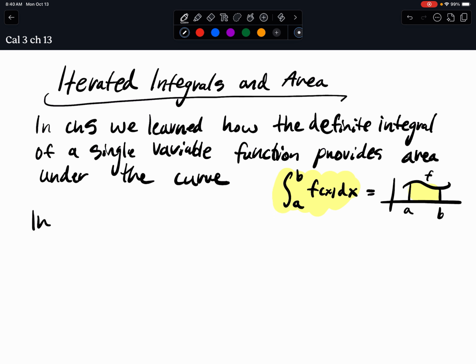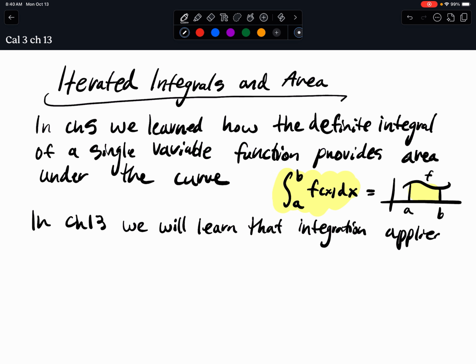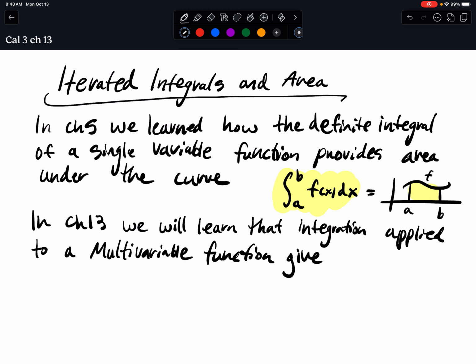In chapter 13 of this textbook, we will learn that integration applied to a multivariable function gives us a volume under the surface.